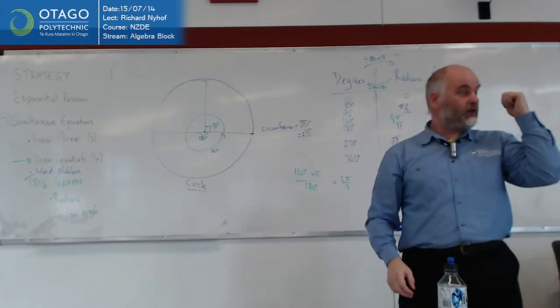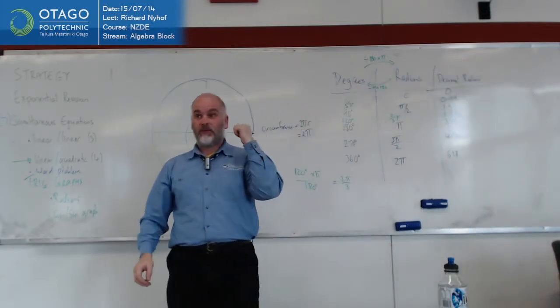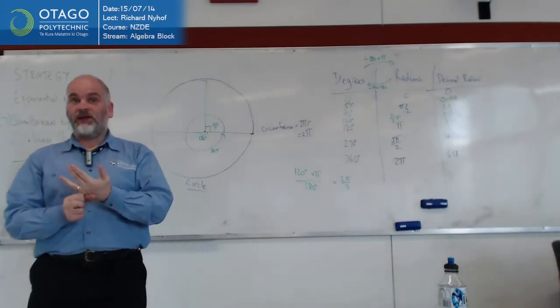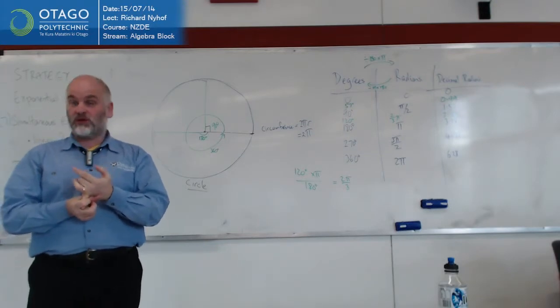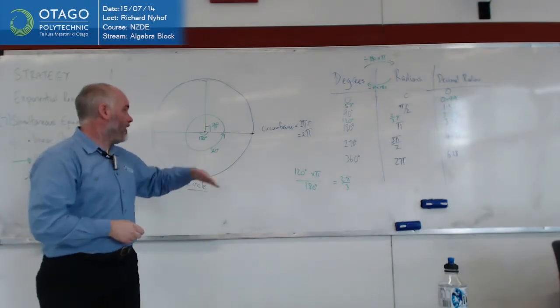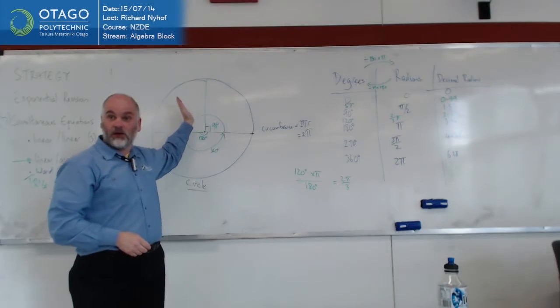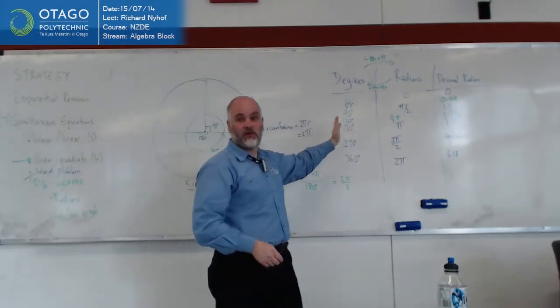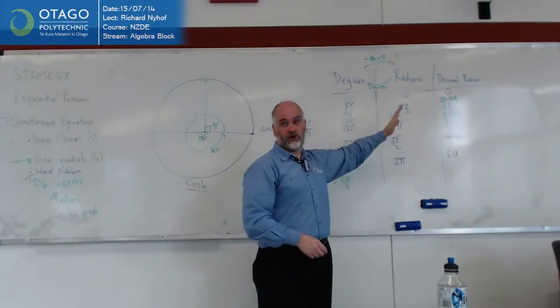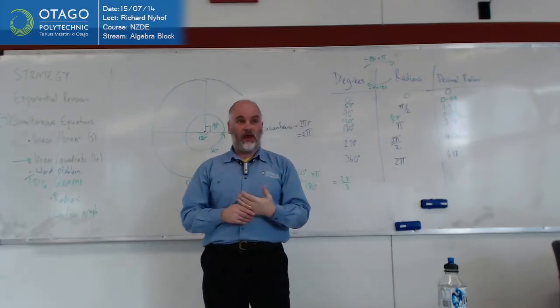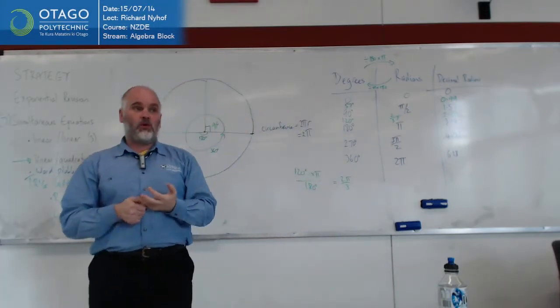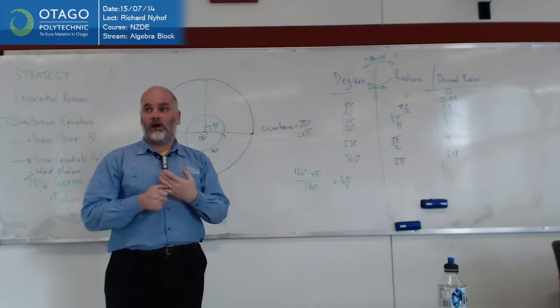Now, seriously, any questions about that? So the idea that radians is another way of measuring angles, it's associated with how far around the circle you've gone, and you need to be able to change from degrees and radians. And as you go on, you'll use radians a lot more and degrees a lot less.